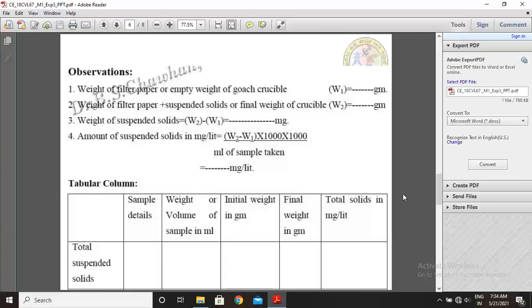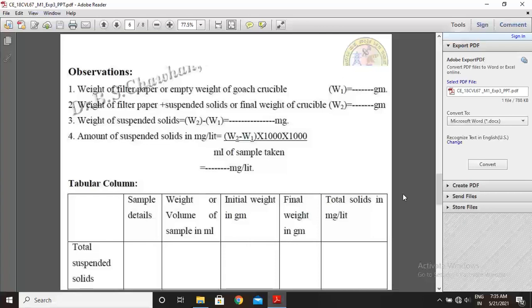Weight of suspended solids equals W2 minus W1 in grams. Amount of suspended solids in milligram per liter is given by the formula (W2 minus W1) divided by ml of sample taken, into 1000 into 1000. So we are getting it in milligram per liter.